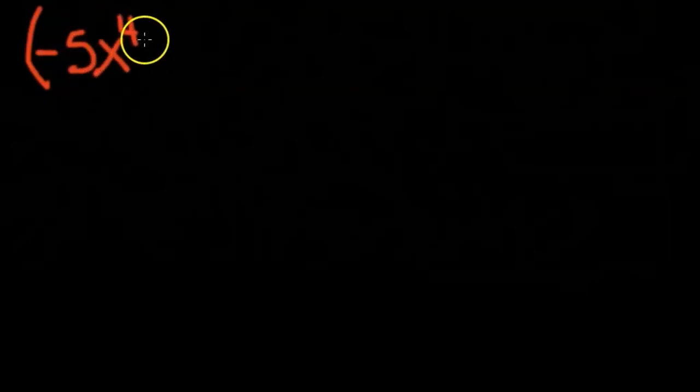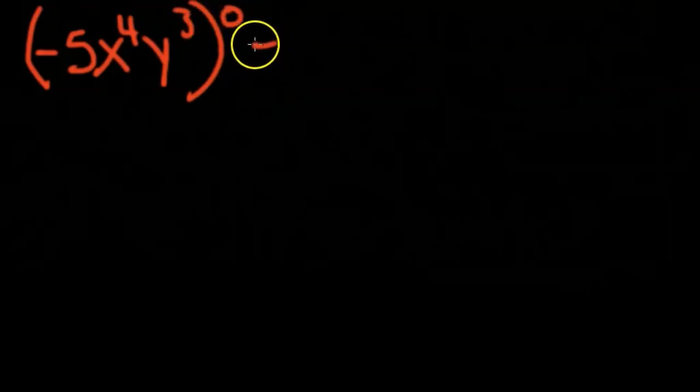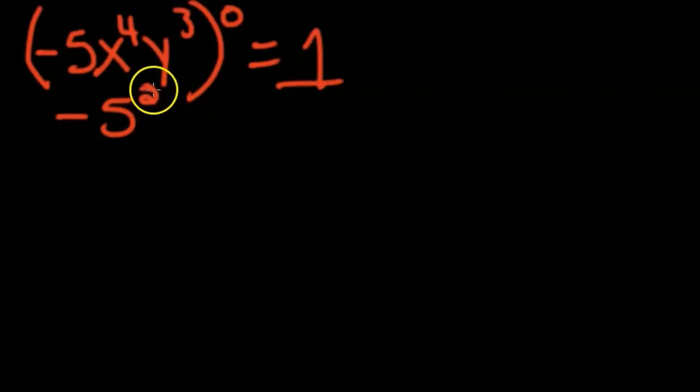Now, what if you have a problem like this? You have negative 5x to the 4th, y to the 3rd, all raised to the 0 power. Well, anything raised to the 0 power is 1. So negative 5 to the 0 is 1.